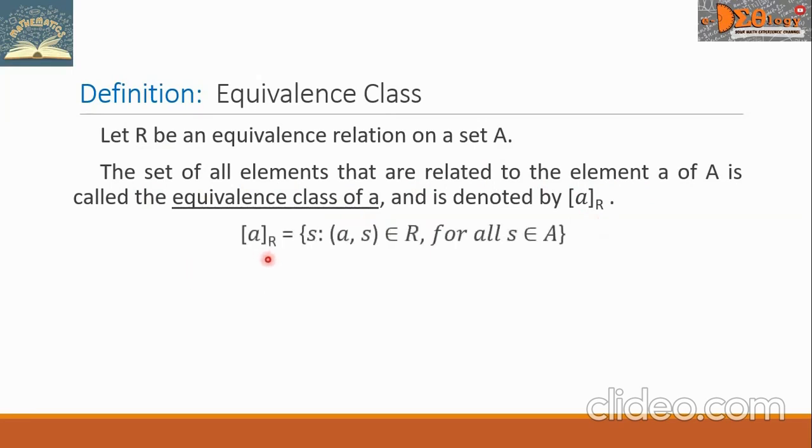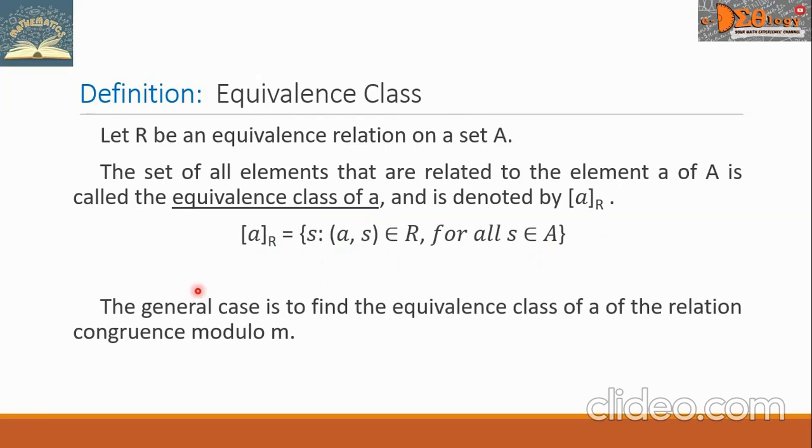The equivalence class of A has elements S such that the ordered pair A-S is an element of R, for all S an element of set A. The general case is to find the equivalence class of A of the relation congruence modulo M. With this, our symbol can be written like this.